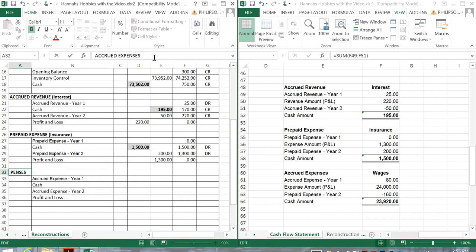So okay, our accrued expense year 1 from our balance sheet is $80 credit. Opening and closing balances retain their normal nature. So we've got $80 credit in there, but our endpoint is 0.